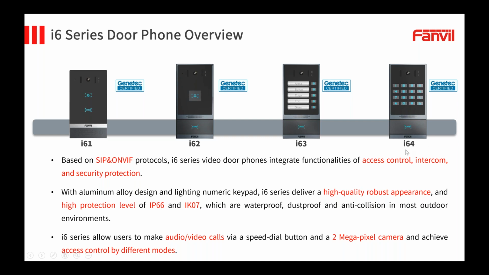And for this model, the i64, it has a numeric keyboard. You can also use different door opening ways to unlock the doors. And the Fanvil i6 series allows users to make audio and video calls via the speed dial button and a 2-megapixel camera, and can achieve access control in different modes.